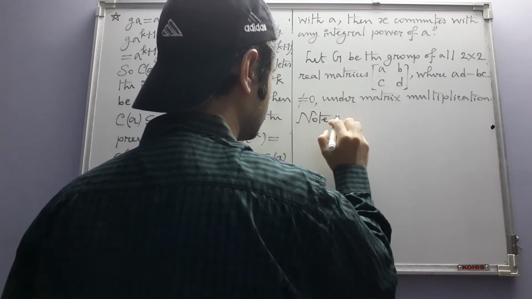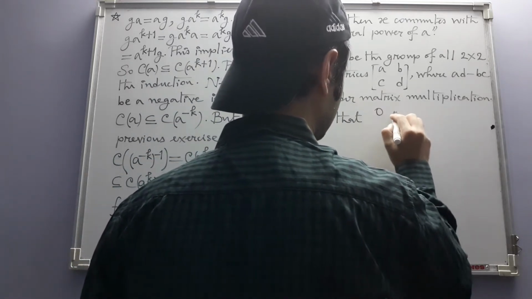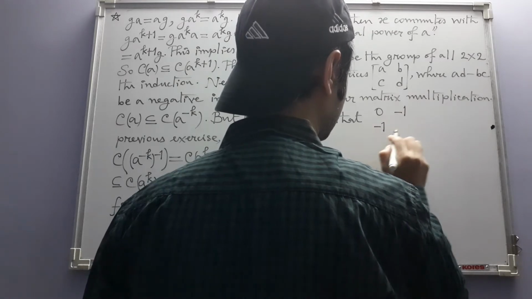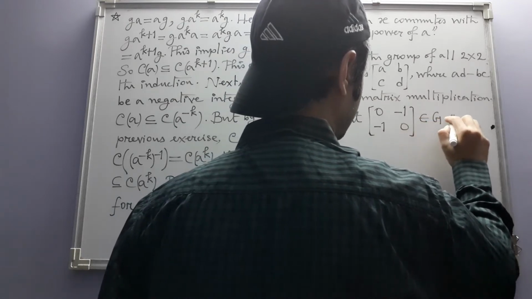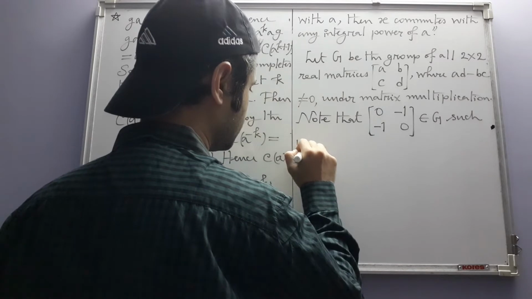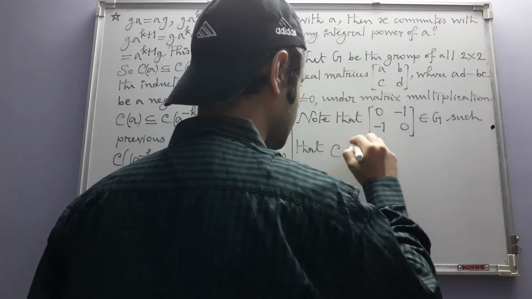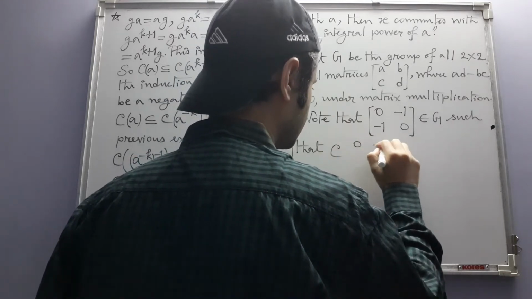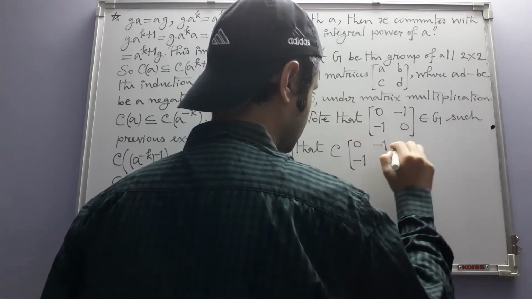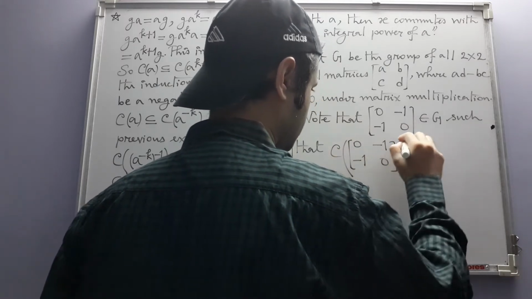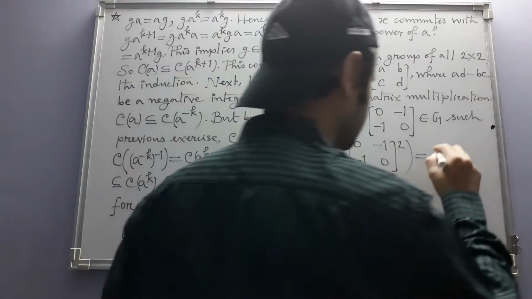Note that this matrix belongs to G such that the centralizer of its second power, this square, turns out to be equal to the 2 by 2 identity matrix.